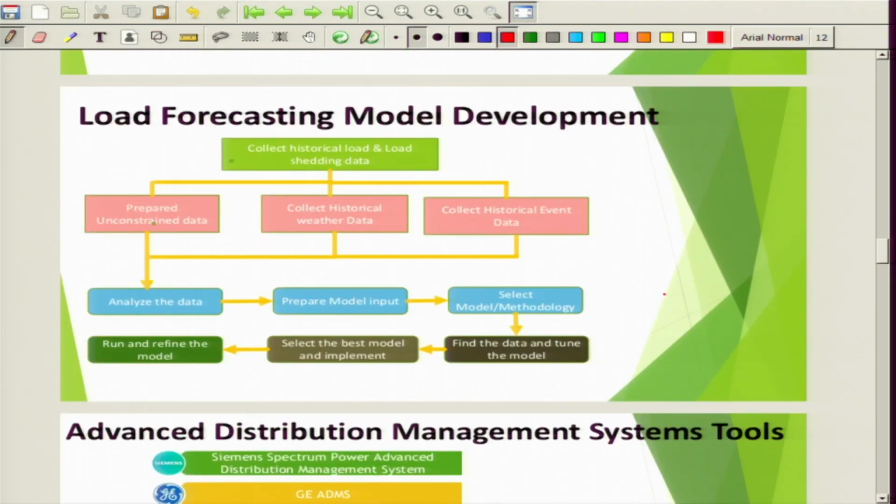Then, load forecasting and model development. So collect the historical data, load data and load shedding data, right? When, at what point of time, you disconnected a load, you collect the historical load and prepare unconstrained data, collect historical weather data, and then collect historical event data, because loading will be happening based on certain situations, time, place and circumstances ultimately.